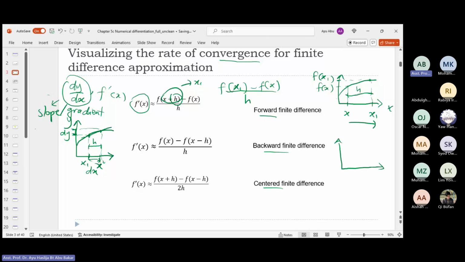Let's say here you have your x. This is your h. f(x minus h) here means this one. Here let's say x negative 1, x naught. So x negative 1 is your x naught minus h. We move backward.